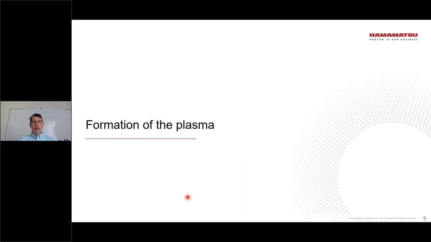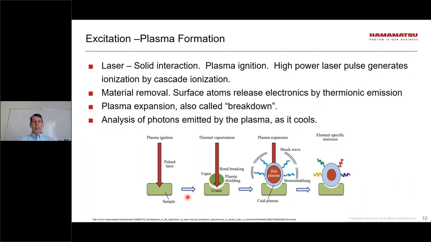So now let's look at one of the key aspects of LIBS technology, which is the formation of the plasma. When we look at the formation of the plasma, we can really break it down into these 4 steps. We have the laser that is interacting with the surface of the sample, and as it's releasing atoms off the surface of the sample, it's ionizing those atoms, and it begins with the excited states of those atoms, it begins to form a plasma.